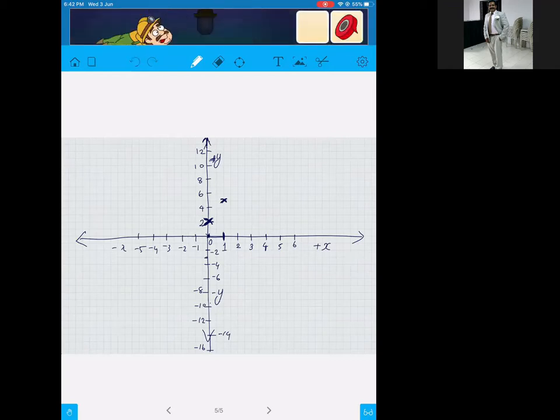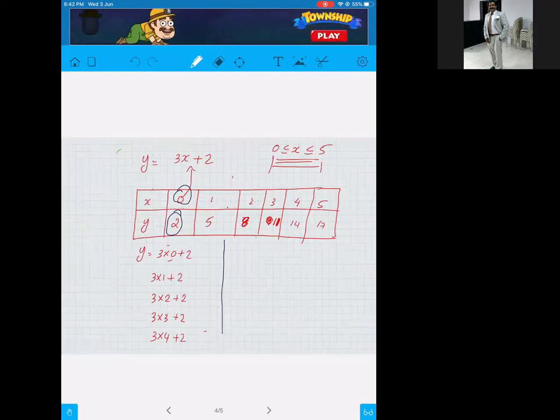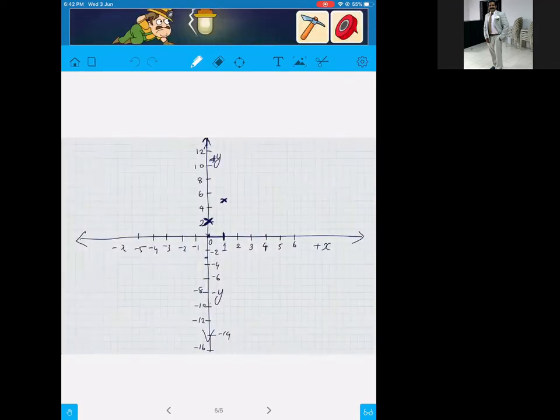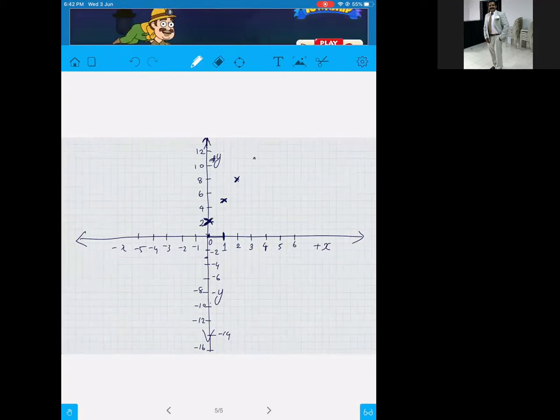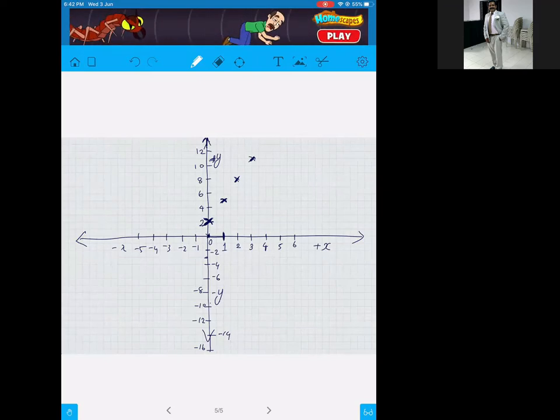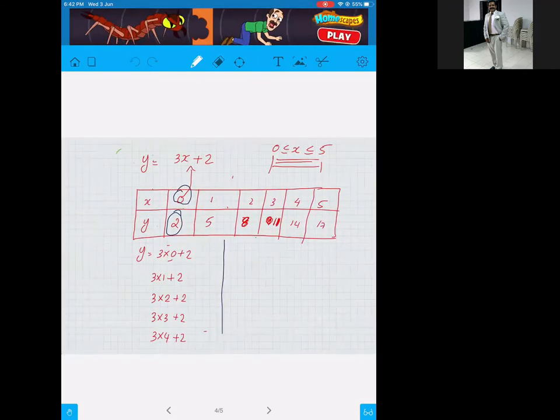When x is equal to 2, that is 8. When x is equal to 3, that's going to be 11. When x is equal to 4, it's 14.